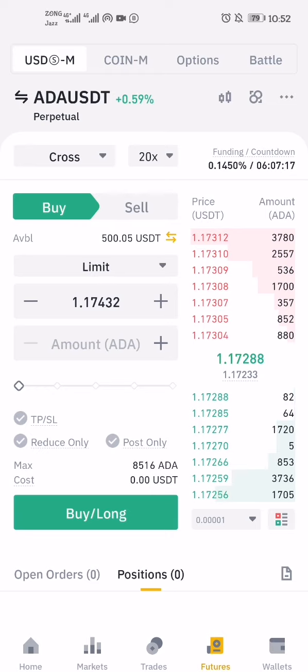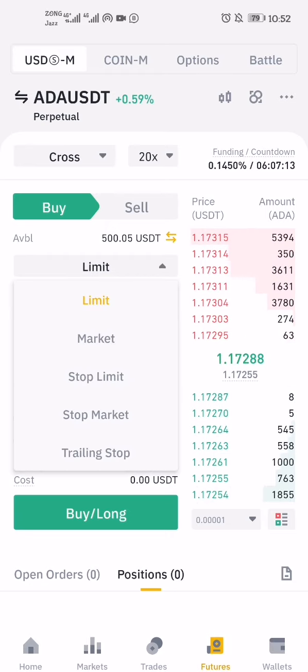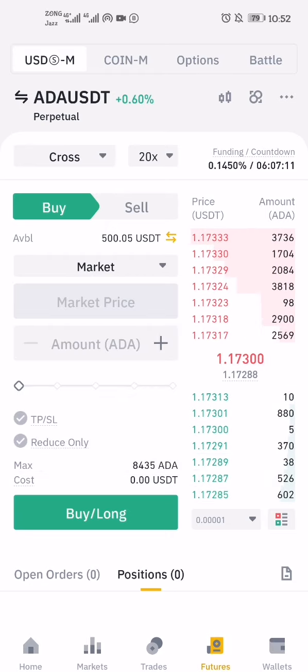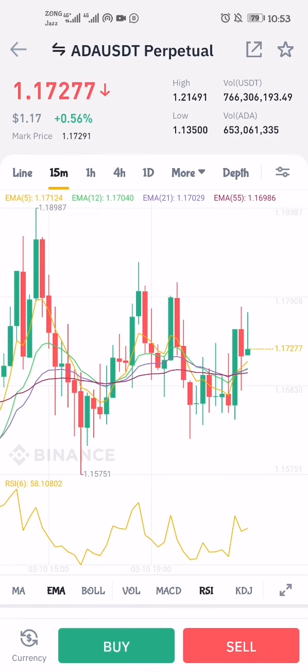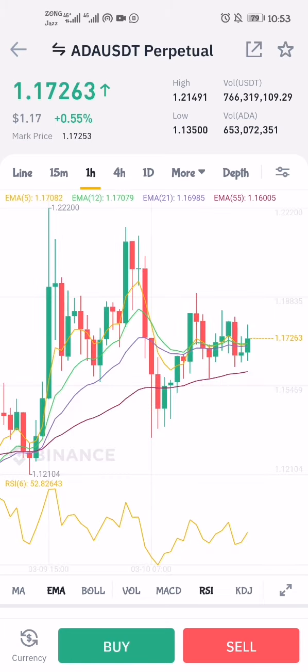In futures, you cannot set a limit and buy on limit. You have to buy on market. So for that, you have to set the alert. Once you get notified that ADA is now at $1.26, why did we give an entry point higher than the current price? You can see it here.